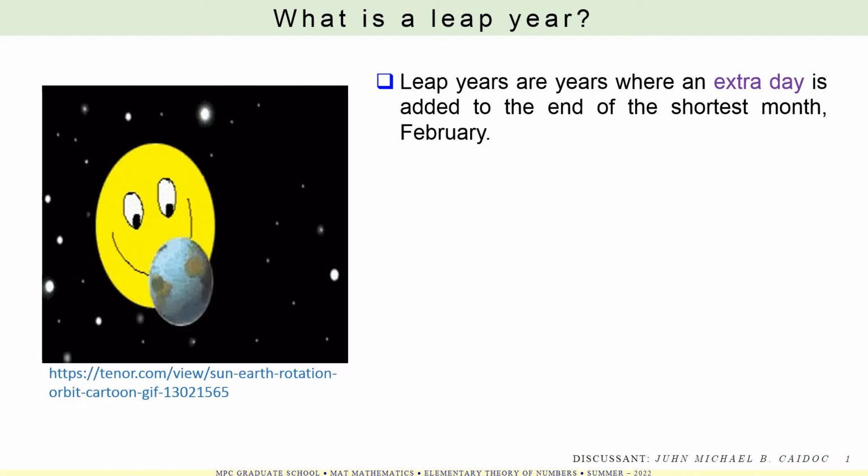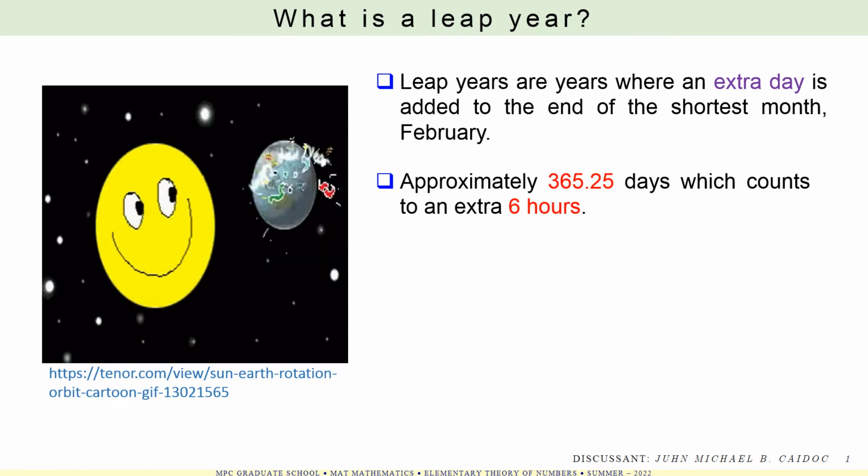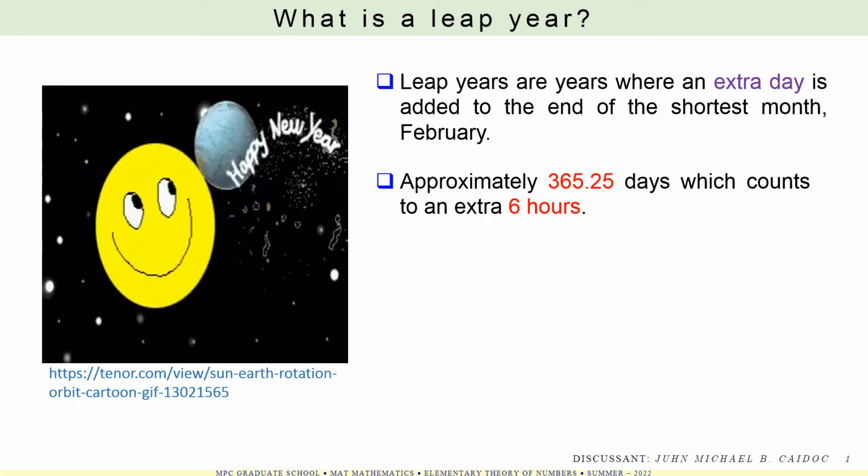Leap years are years where an extra day is added to the end of the shortest month, which is February. As we all are aware, the Earth revolves around the Sun, and it takes approximately 365.25 days, which counts to an extra 6 hours.